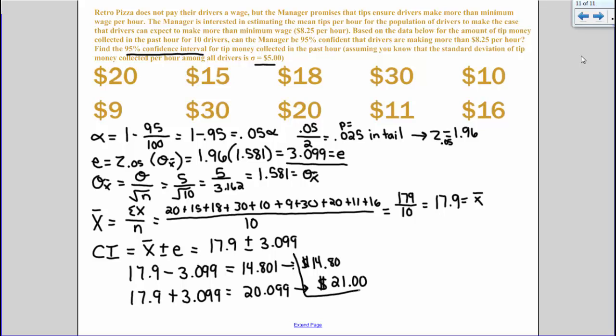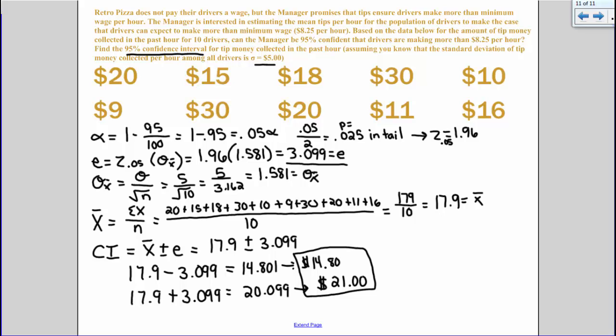That is our 95% confidence interval. And remember, the question at hand was looking to see if we could be 95% confident that the population of drivers, based on the sample, make at least minimum wage. Well, minimum wage doesn't fall in this confidence interval, and in this case, that's desirable, right?